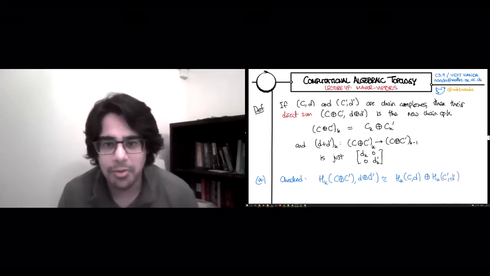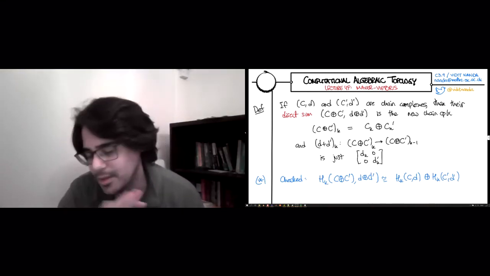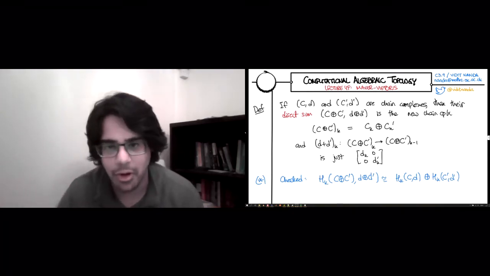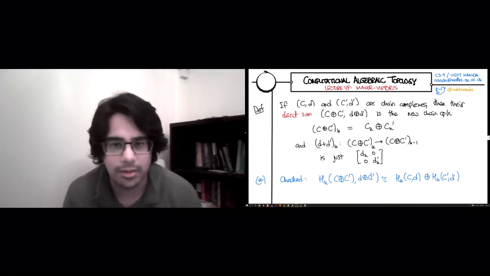If you did the computation, the kernels of dk would all sit in the upper left quadrants, the images would all be in the upper left, and the dk prime stuff would all be on the lower right. They never interfere with each other, so things are just completely decoupled.